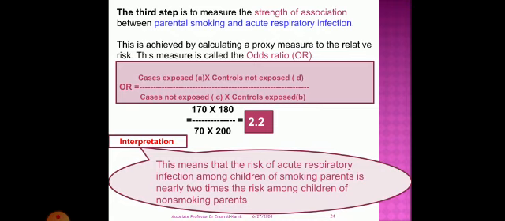The odds ratio is equal to 2.2, which is more than 1. This means that the risk of acute respiratory infection among children of smoking parents is nearly twice the risk among children of parents who are not smokers.